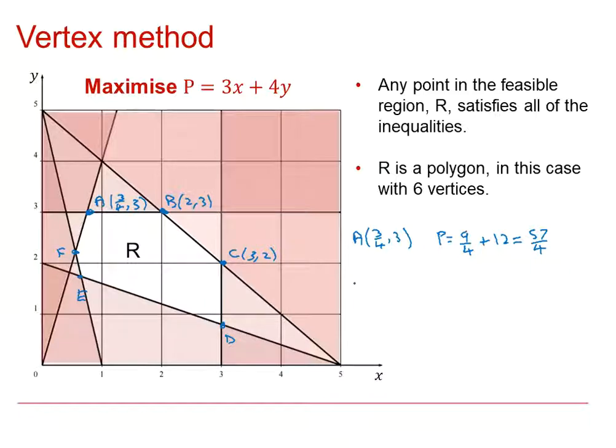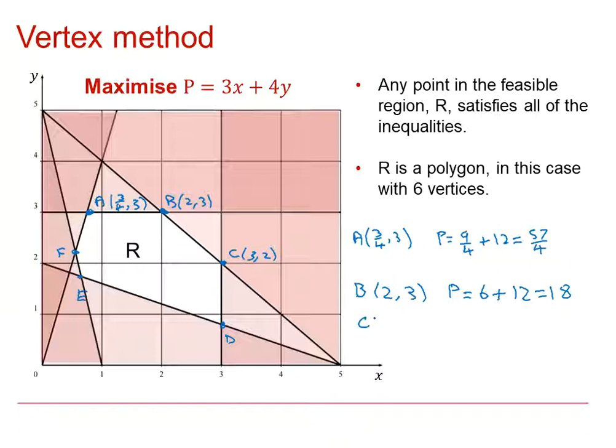Now we look at the point B, which is (2, 3). P is 3 times the x coordinate, which is 6, plus 4 times the y coordinate, so 3 4s are 12, which gives me P equals 18.